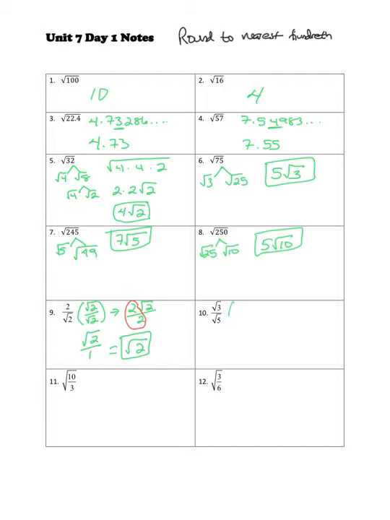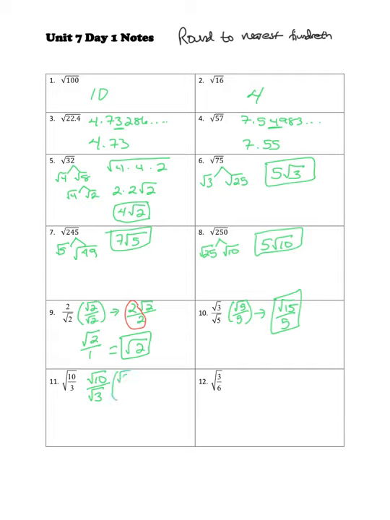All right, number 10. Rationalizing. I get square root of 15 over 5. Cannot do anything else with that. That's all I got. Okay, I'm going to rewrite the square root of 10 over 3 as the square root of 10 over the square root of 3.